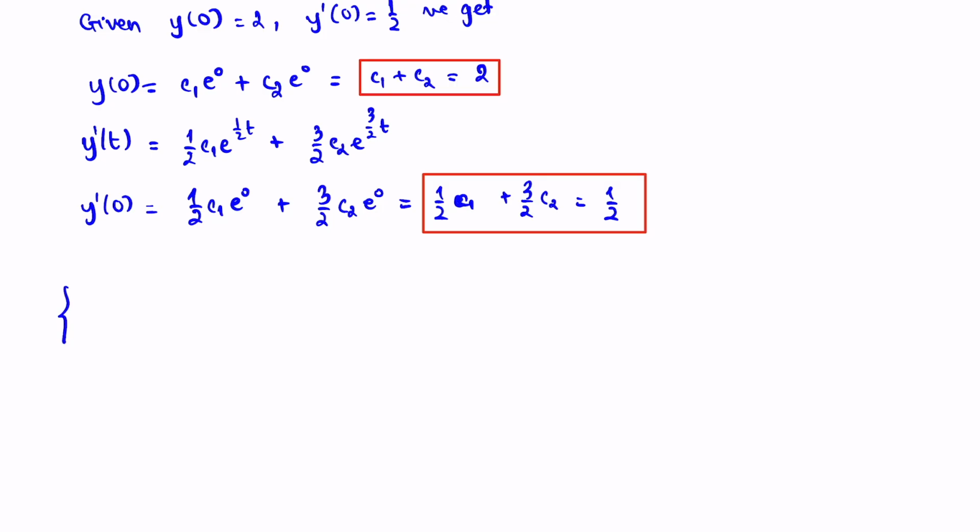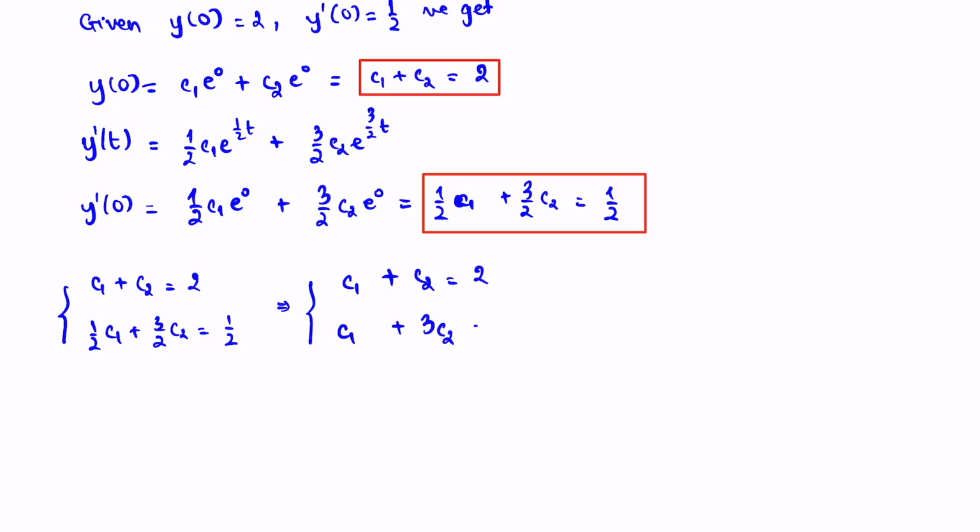You can simplify the second equation by multiplying by 2 across, and you get c1 plus 3c2 equal to 1. Again, you can use the elimination method or substitution method to get the solutions of c1 and c2.